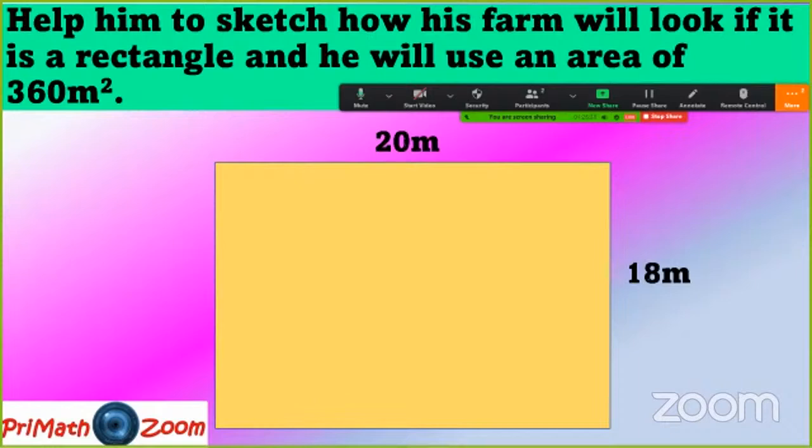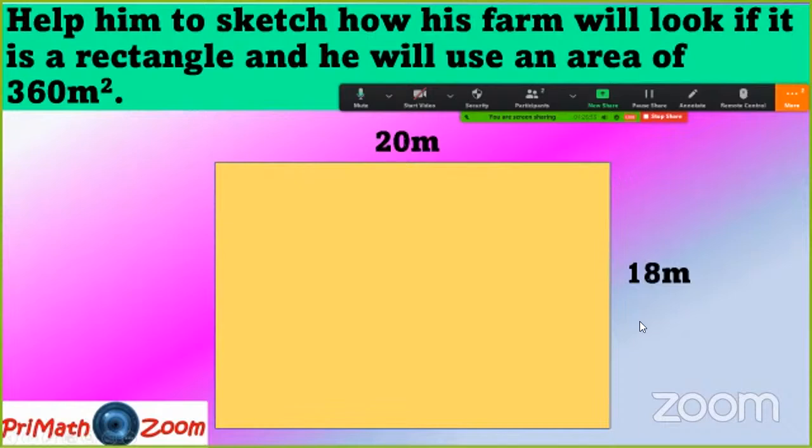Now, what I want you guys to make note of is this. When you draw your rectangle, remember that we still need to think about proportion. Even though we're not measuring accurately and not drawing it to scale, if we say here is 20 meters, it must be longer than the 18 meters.